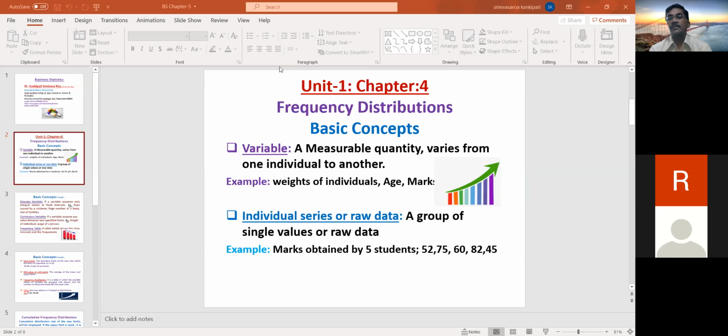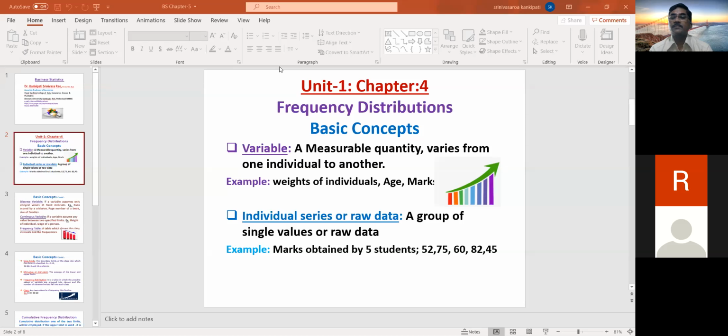Once you get the raw data, you need to classify it and segregate it into groups. Getting data is very important. That raw data can be further classified into subgroups for better understanding.